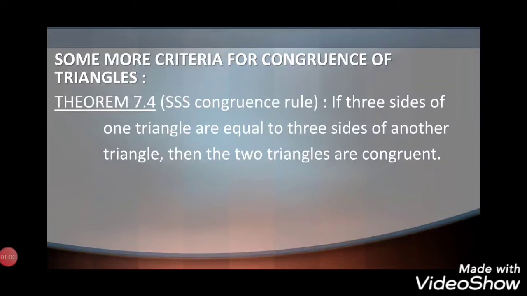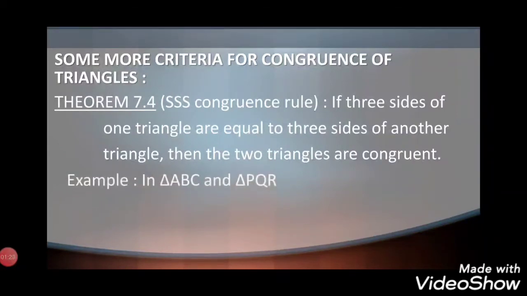It states if three sides of one triangle are equal to three sides of another triangle, then the two triangles are congruent. So according to the statement of SSS congruence rule, the three sides of one triangle should be equal to the three sides of another triangle. Then both the triangles are congruent.